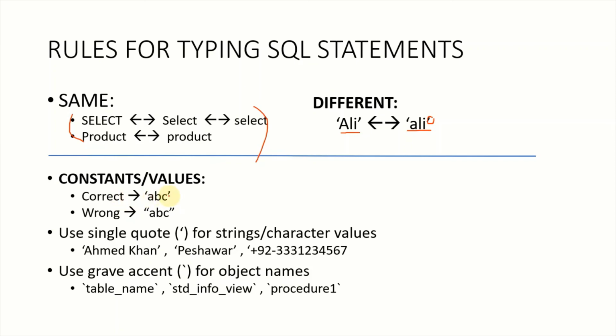We must use single quotes, and using double quotes is not correct. So always use single quotes for values, particularly for string values. For characters or strings, single quotes must be used.